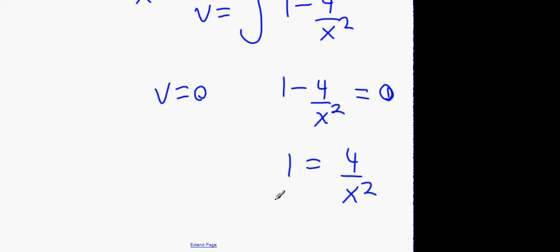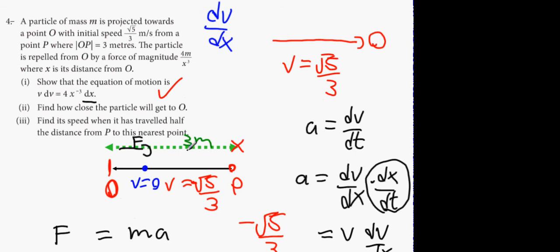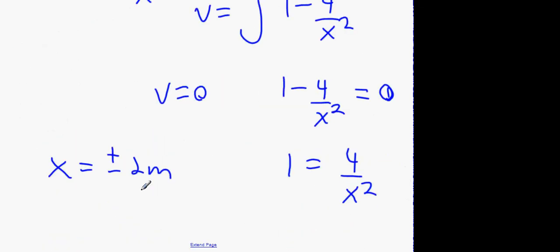X equals plus or minus 2. Okay? Now why can't x be minus 2? Yeah, it's not going to go backwards, okay? So at the start it's 3 meters away, and when phi turns into 0, it's 2 meters away. So the answer is 2 meters. Okay? So x equals 2 meters. It gets 2 meters away.